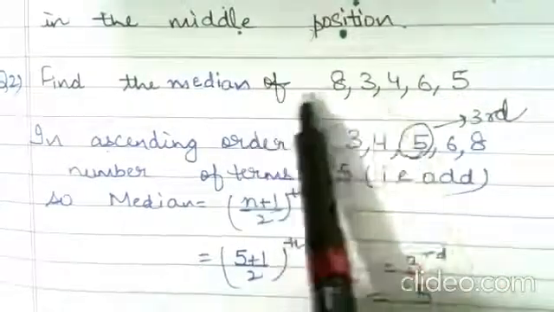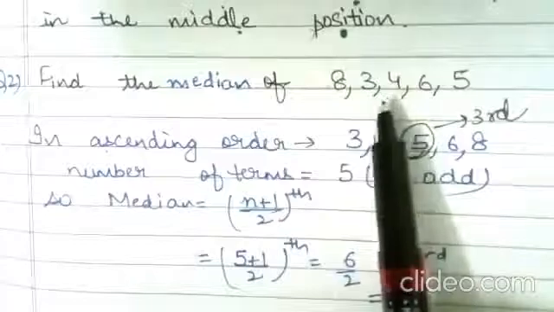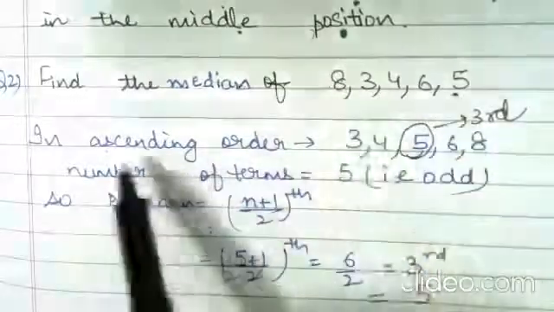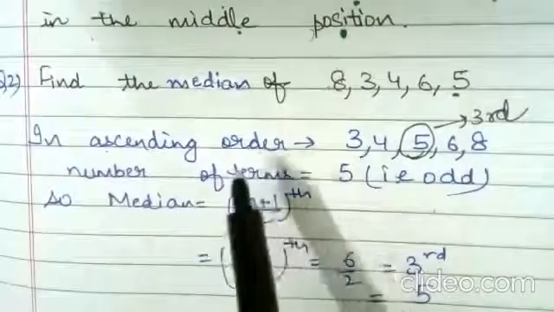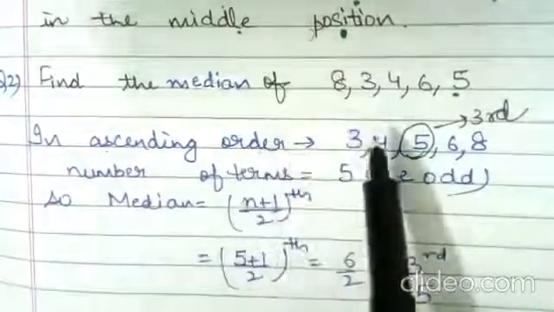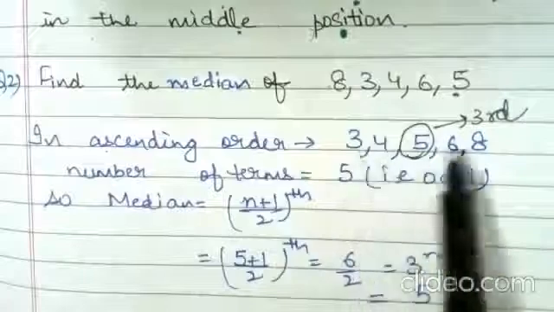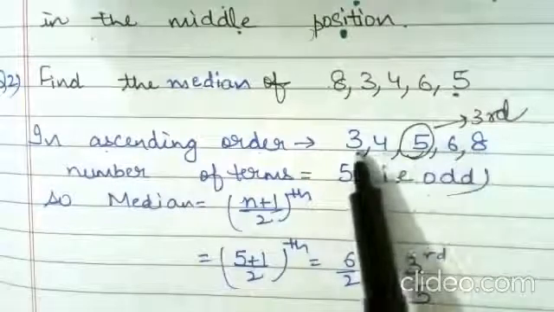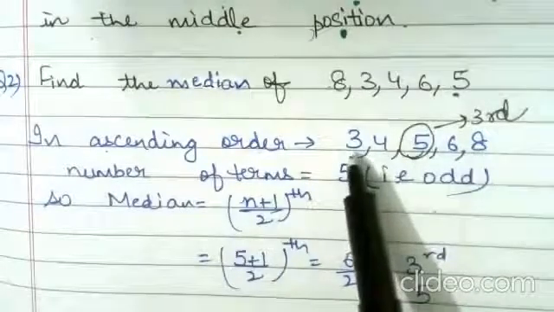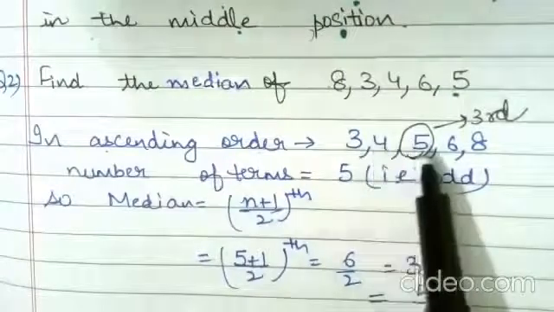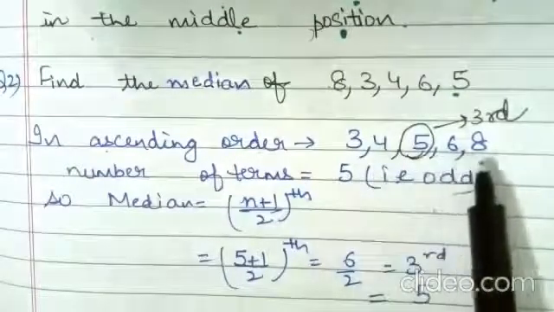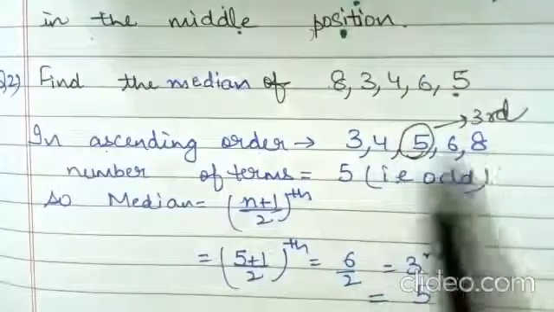Now the next question is, find the median of 8, 3, 4, 6 and 5. The first step is to arrange the data in ascending order, meaning smaller to bigger. On arranging in ascending order, we get 3, 4, 5, 6 and 8.